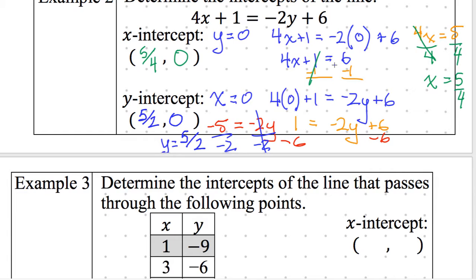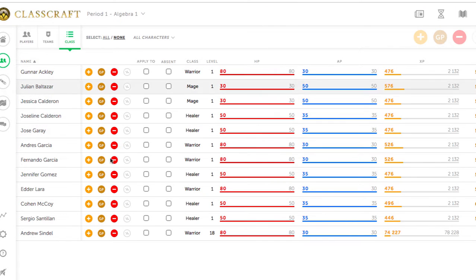Or you can call on someone, it's up to you. Okay. 0, it's the opposite way. You have to switch these two because x is 0. So these two switch. Let's come back here. So it's 0 and 5 over 2. Yeah. Thank you. So you still get your XP for the attempt.